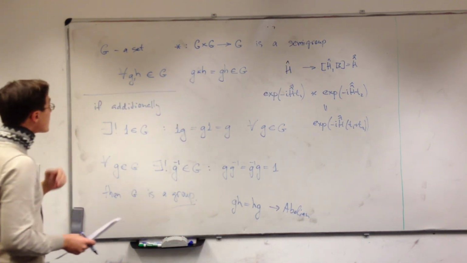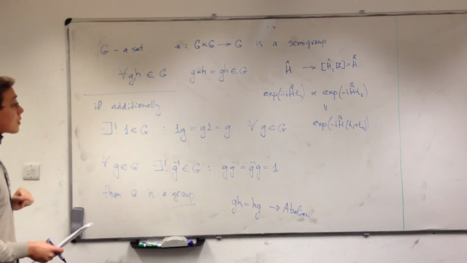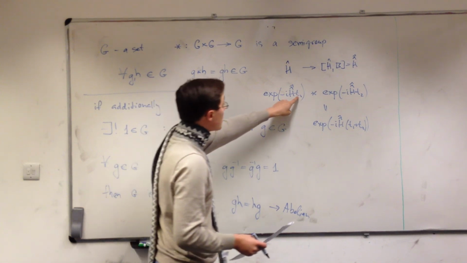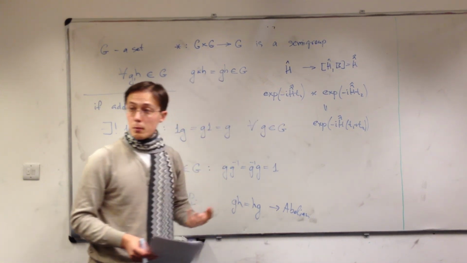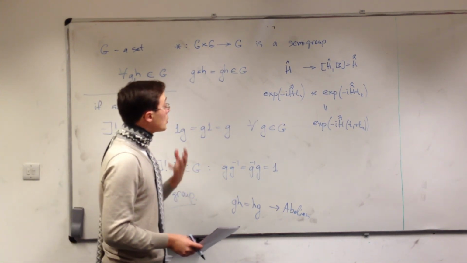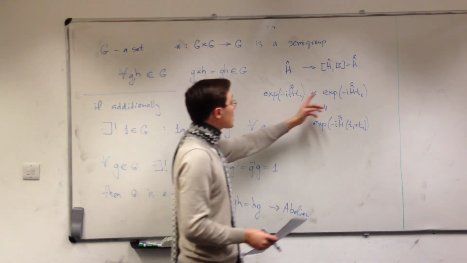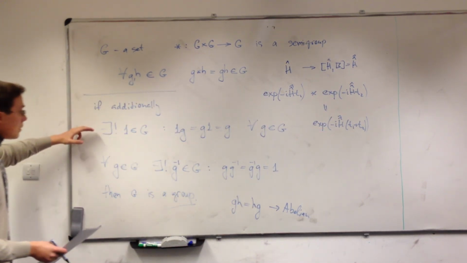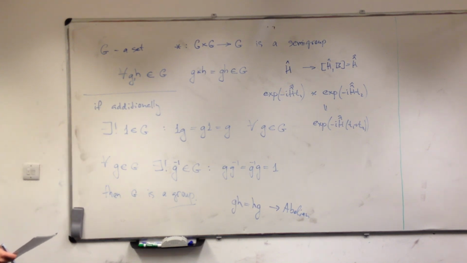Well, what we can do next is test for the existence of a unit element, and it is quite obvious: if we put the time to 0, the exponential of a 0 matrix is a unit matrix. Unit matrix does nothing, unit matrix times an exponential returns the same exponential, and so this property is also satisfied.